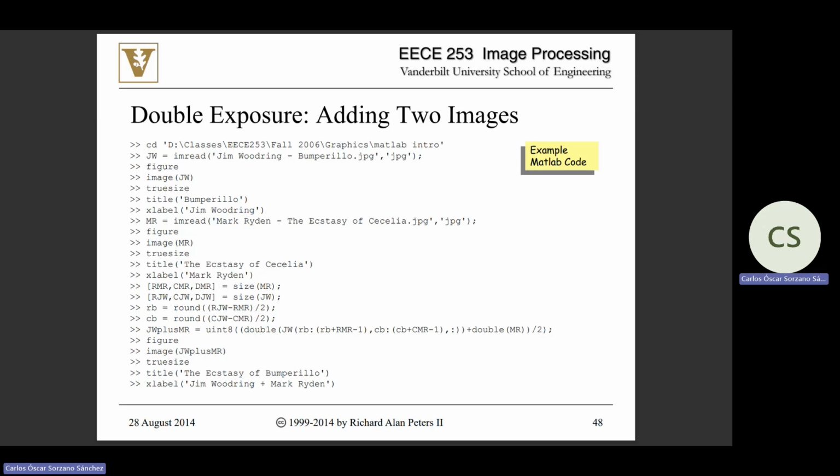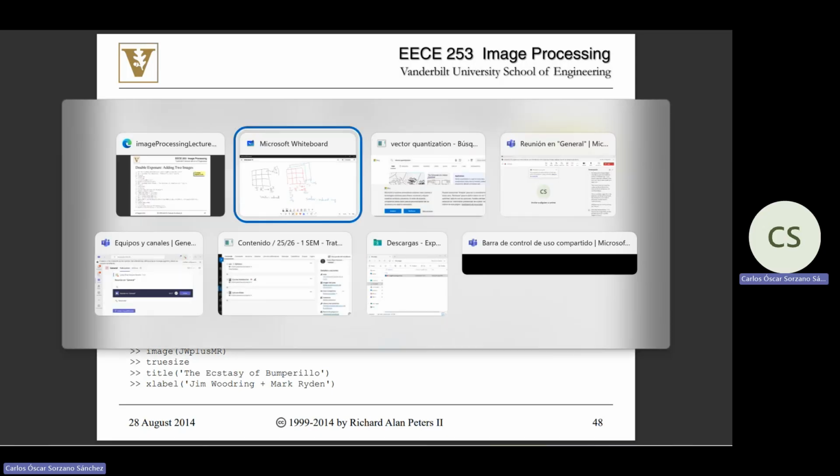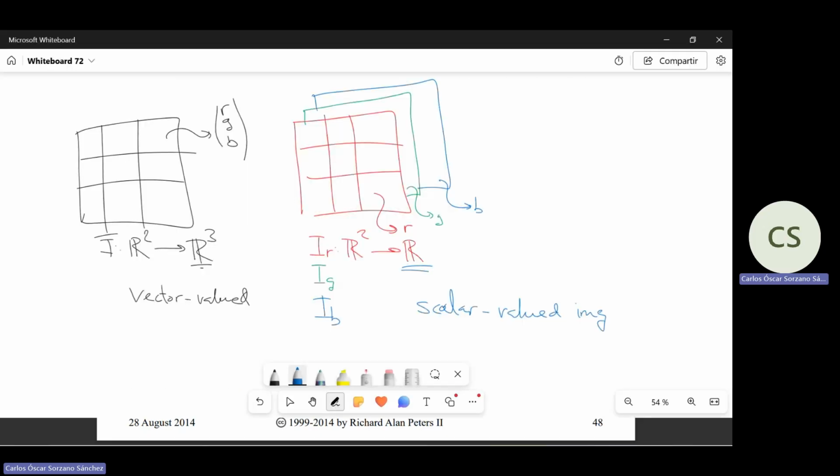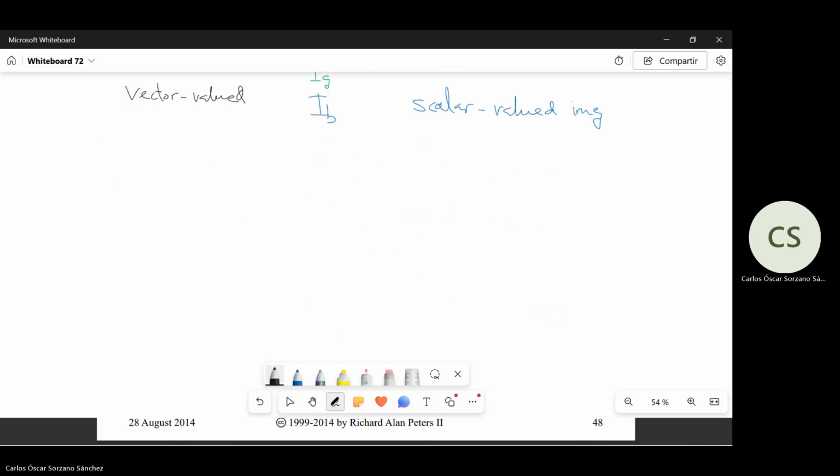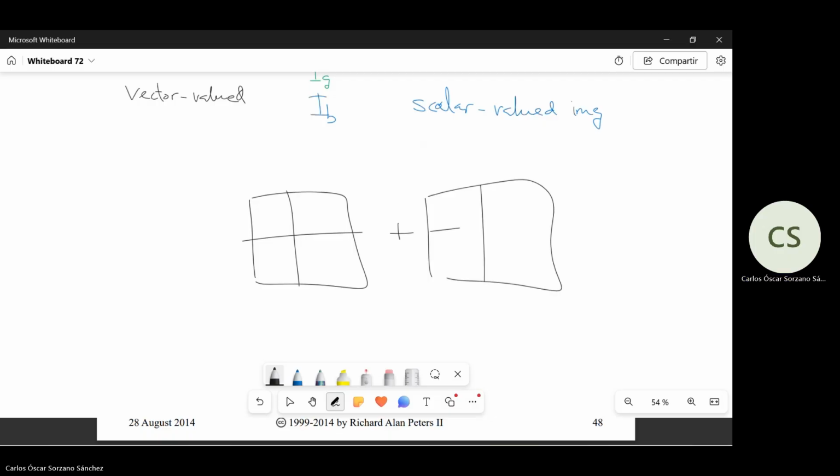So what happens if I have this? My numbers are, I don't know, I have two images here. Here I have 200, which is a correct value.